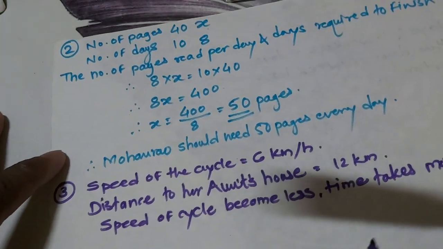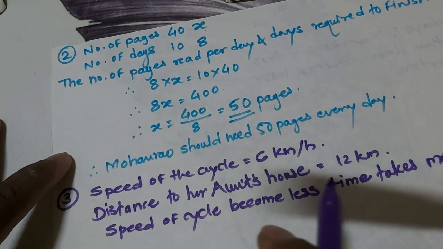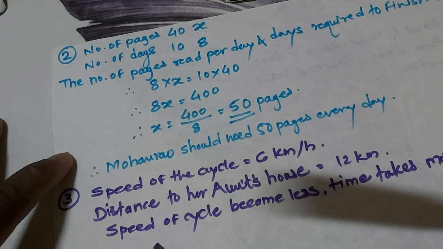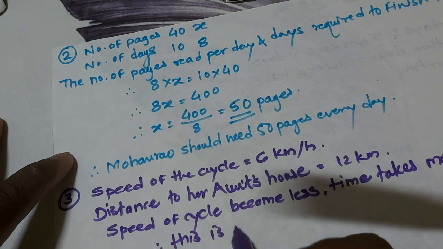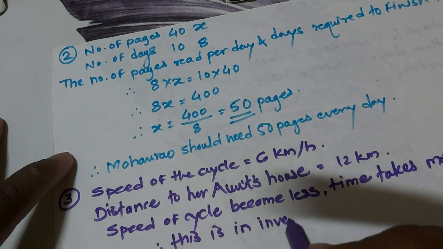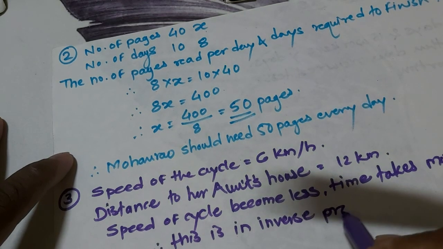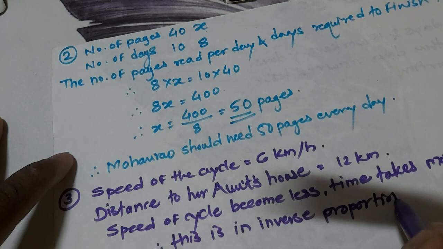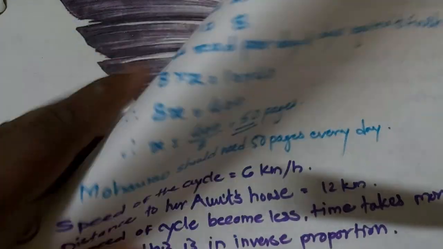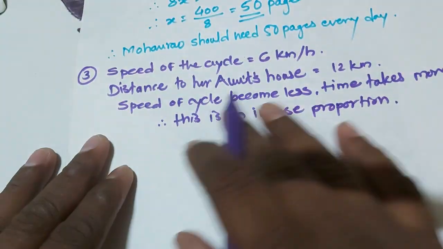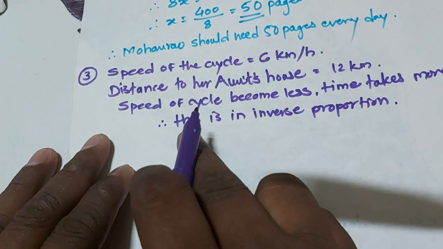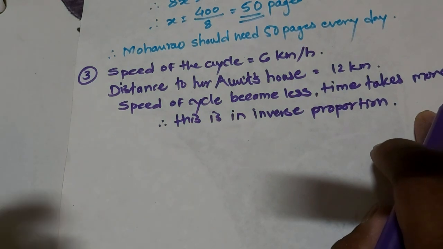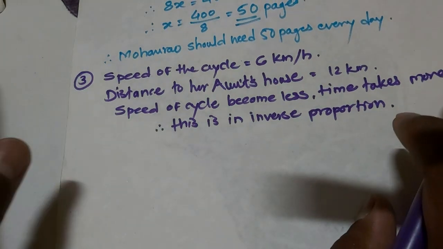Okay, so now here the time takes more, therefore this is in inverse proportion, isn't it? Okay, here students you can write any words related to that example, and this is important, this is in inverse proportion, or this example is inverse proportion, like this way you have to write.